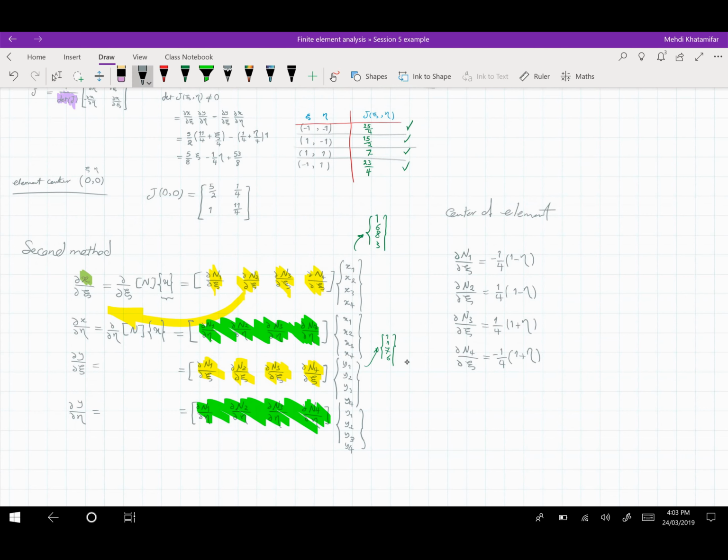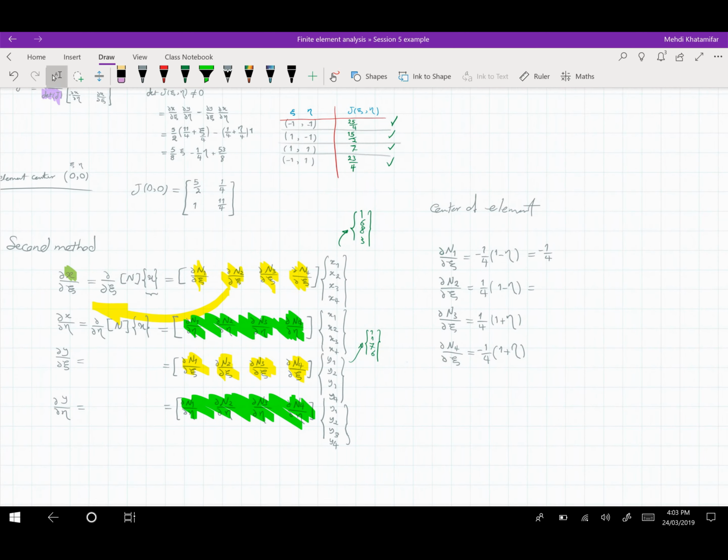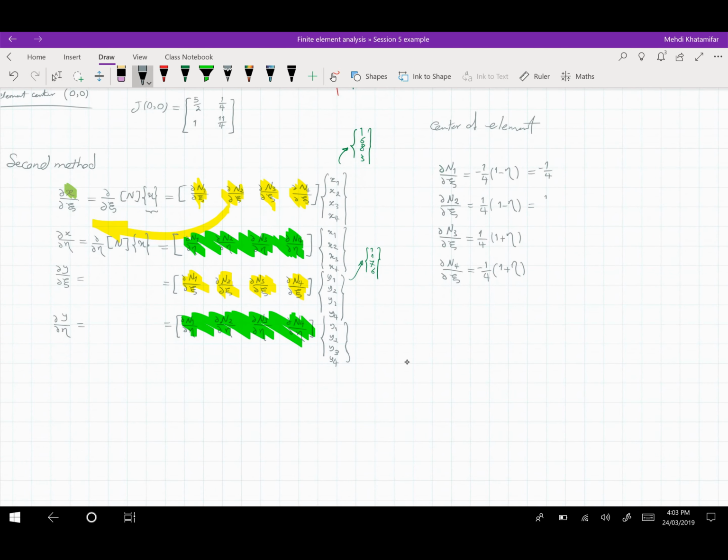For the center of the element, eta is 0, and the value is going to be negative 1 over 4. This one is again positive 1 over 4. This one positive 1 over 4, and negative 1 over 4. Let's do similar work for eta. This time it is going to be 1 over 4 times 1 minus psi.